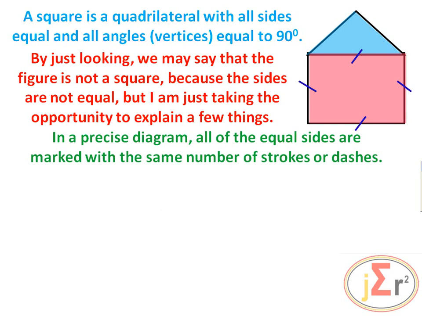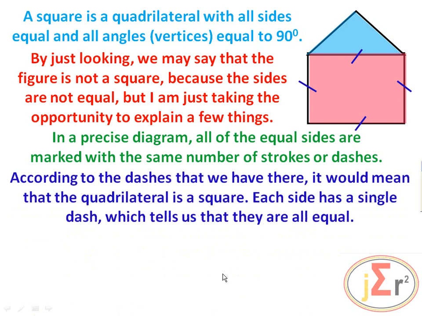So examiners or expositors generally, if they intend you to call something a square and they don't want to put in the measurements inside there, mark all sides with a single dash, and that will tell you that all sides are equal, which will make it a square. According to the dashes that we have there, the quadrilateral is a square because we have 1 dash on each line. Each side has a single dash, which tells us that they are all equal.